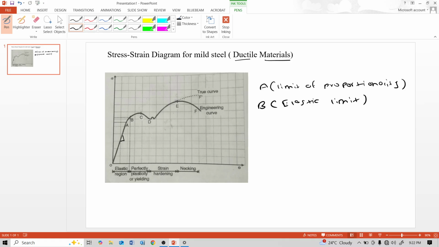If the load is increased beyond A up to point B, the material behaves in an elastic manner, and on removal of the load, the whole deformation will vanish. That means up to point B is the elastic region.